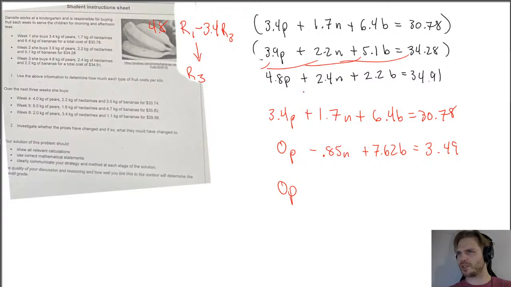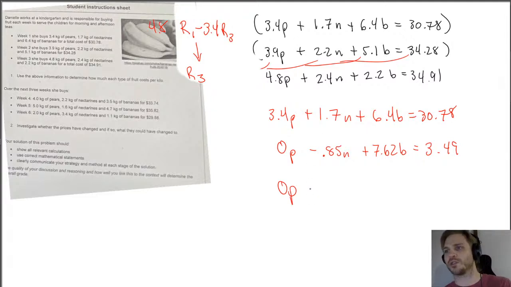Then same thing, so we're going to do 4.8 times 1.7 minus 3.4 times 2.4. So we're doing the second column now.